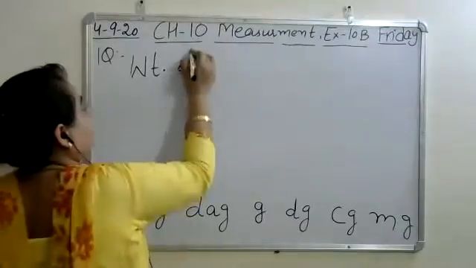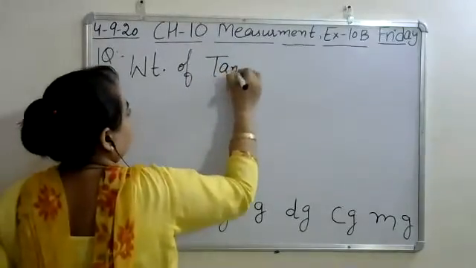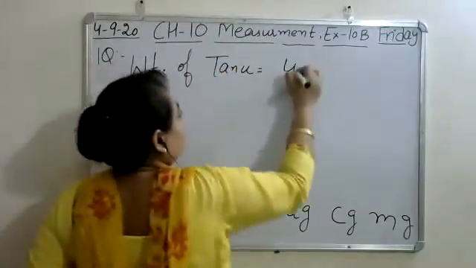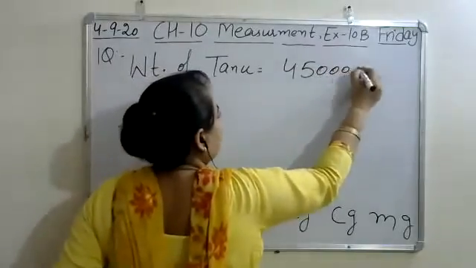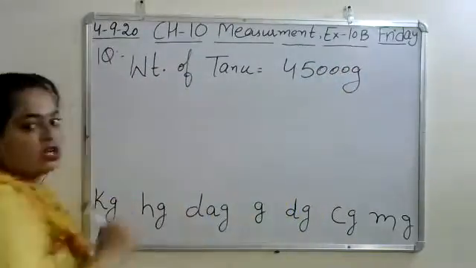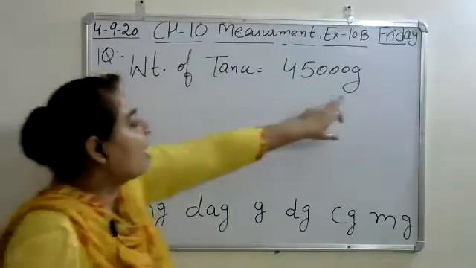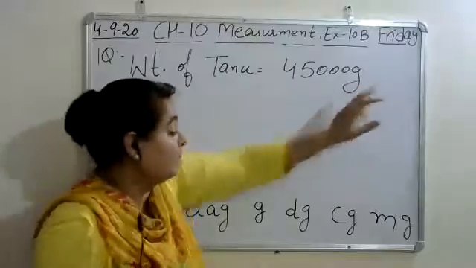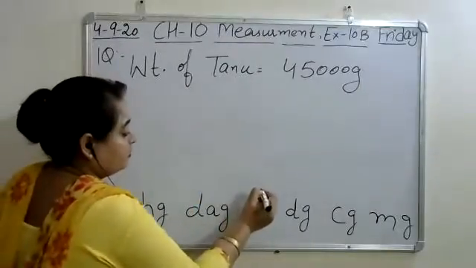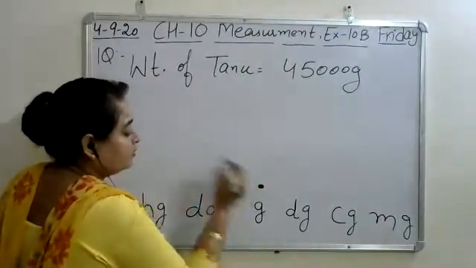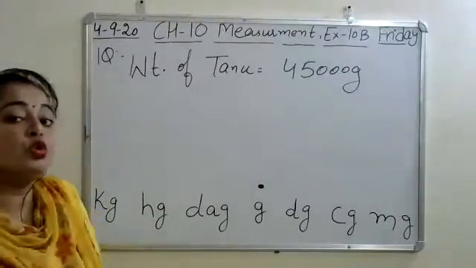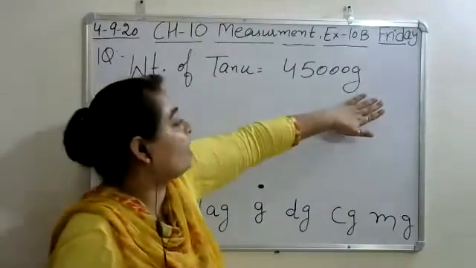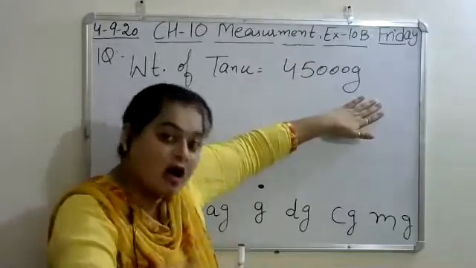Weight of Tanu is 45,000 gram. It means gram is given, so you are here. And the question is to write this weight in kilogram.